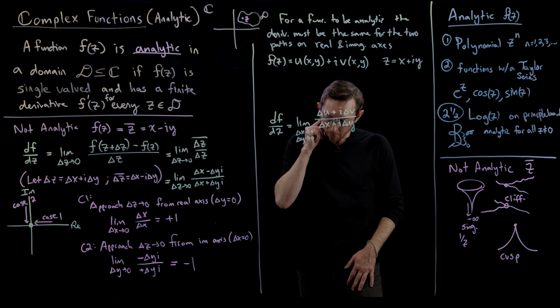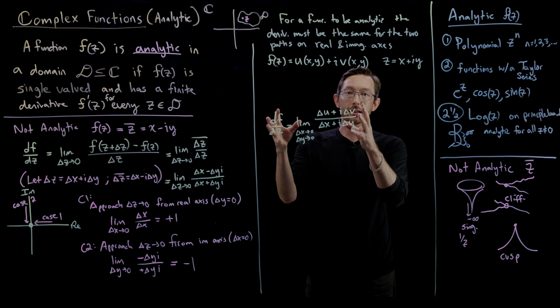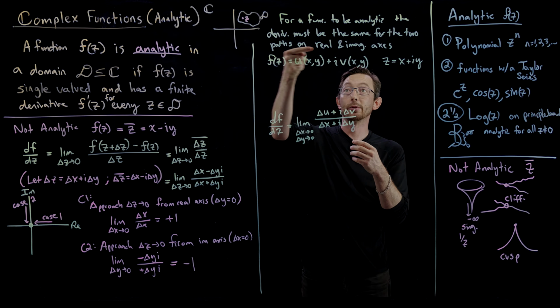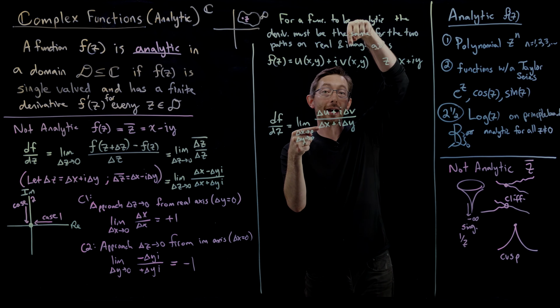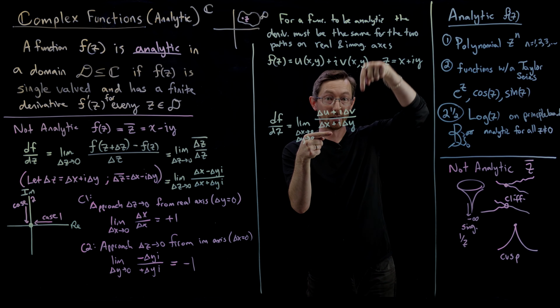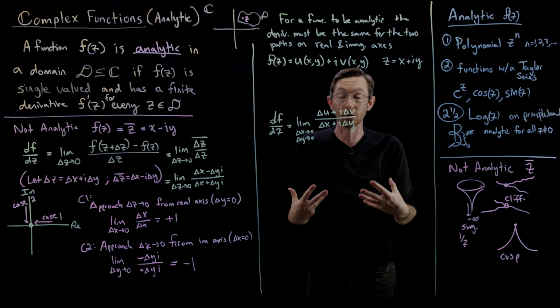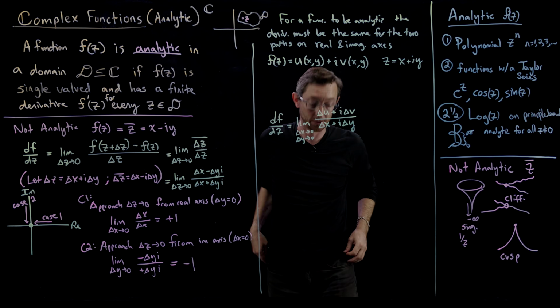And now what we're going to do is take this, and again, take it approaching from the real axis, where delta x goes to 0, and from the imaginary axis, where delta y goes to 0, and those have to be equal for this to be an analytic function.